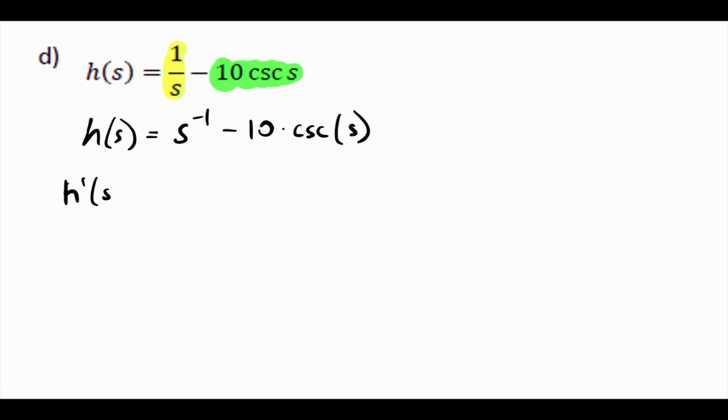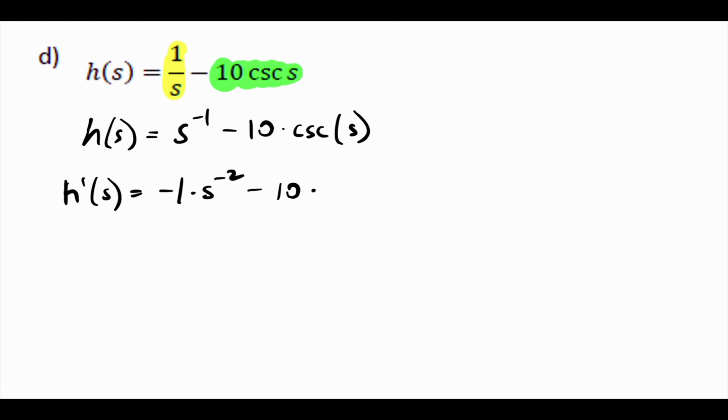H prime. Bring the -1 to the front, times S to the -2 power. 10's just coming along for the ride. 10's a coefficient, so don't worry about 10. Just find the derivative.